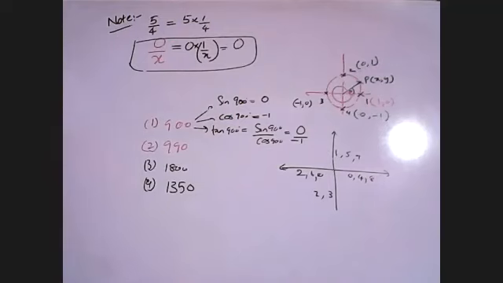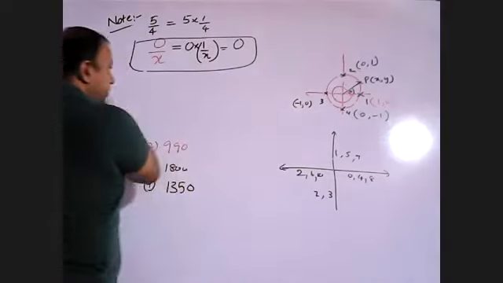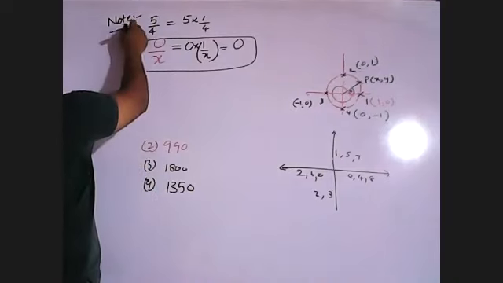If any number is multiplied by 0, it is equal to 0. This is note 1.